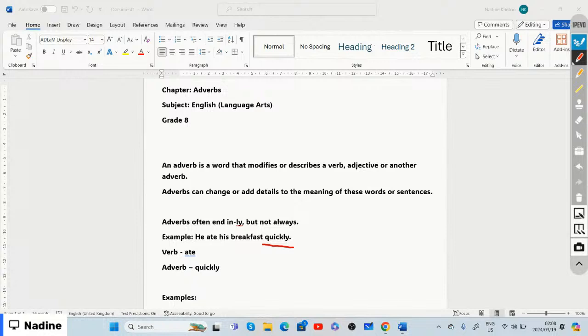In this case, quickly tells us how he ate his breakfast. So ate is the verb, and quickly tells us how he ate his breakfast. So quickly is our adverb, and ate is our verb.